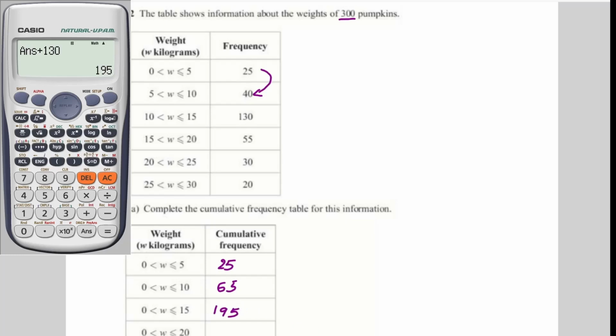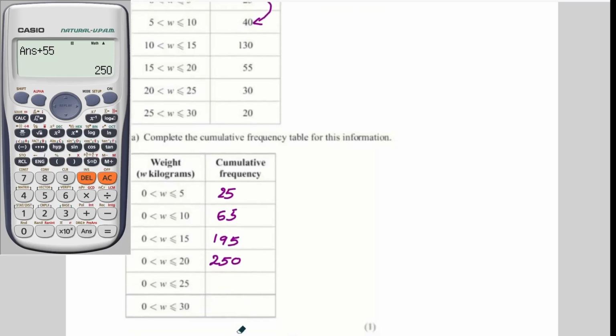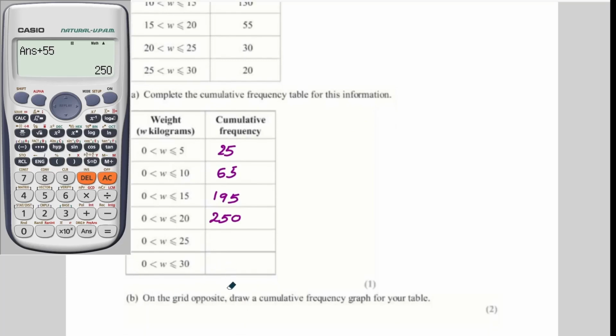Next one is 195 plus 55, 250. Next one, 250 plus 30, which is 280. Last one, 280 plus 20, 300. So we are done with this one.